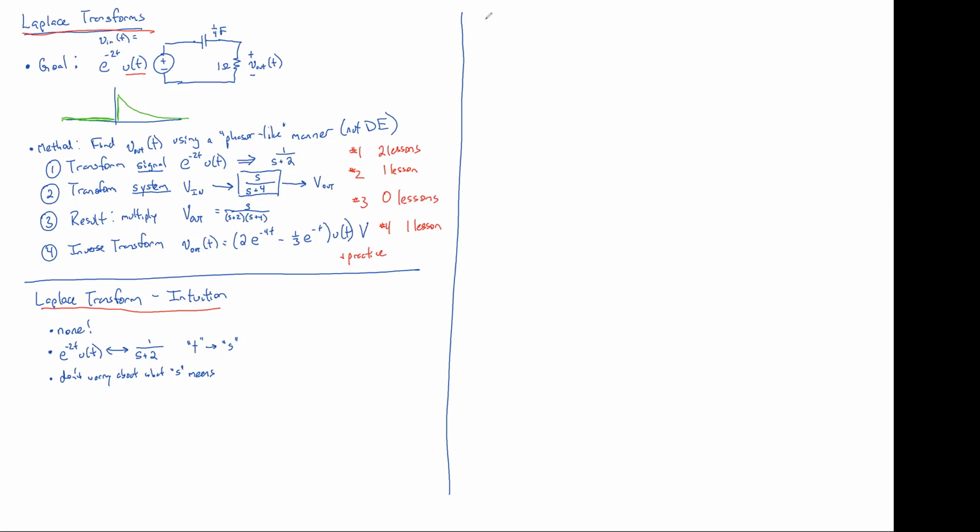So let's get to the last part of our lesson, which is to talk about Laplace transforms using math. Now, the text, as always, I think does a great job with the math part, but I'll describe it too.